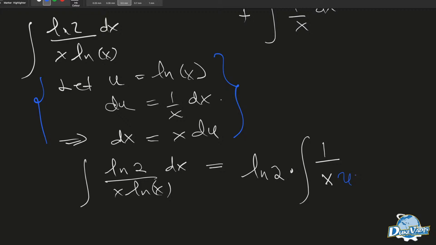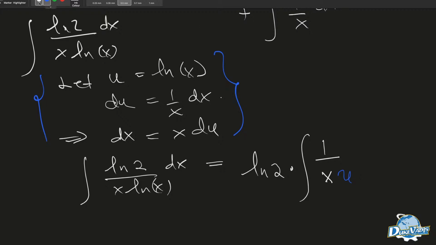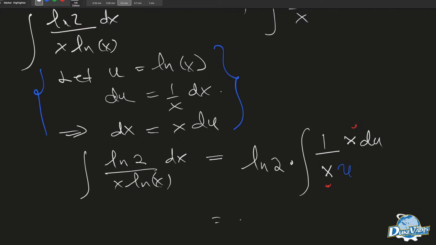Our dx is x du, so we can cancel x and x. Then we'll be left with natural log of 2 times the integral of 1 over u du. Wow.